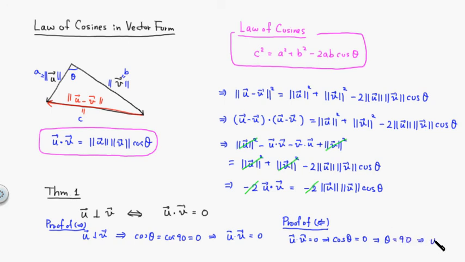Therefore, vector u is perpendicular to vector v. So that proves it. That's theorem 1: vectors are perpendicular if and only if their dot product is 0. That's it. I hope that this was clear.